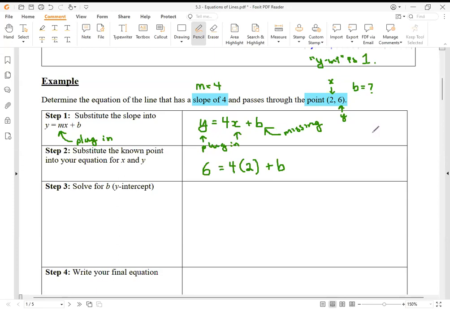Think about it graphically. I have (2, 6). That's 1, 2, and 1, 2, 3, 4, 5, 6. That's right there. And my slope is 1, 2, 3, 4 over 1. It's going to be something like that.